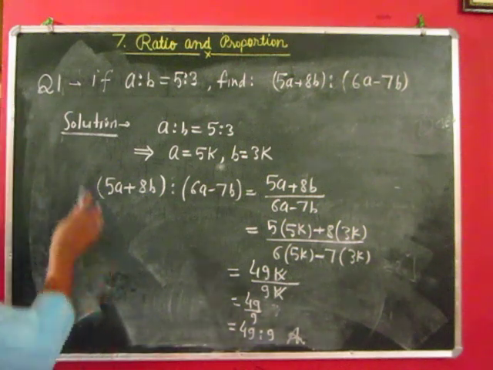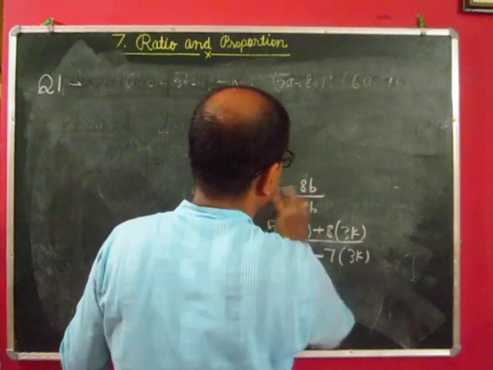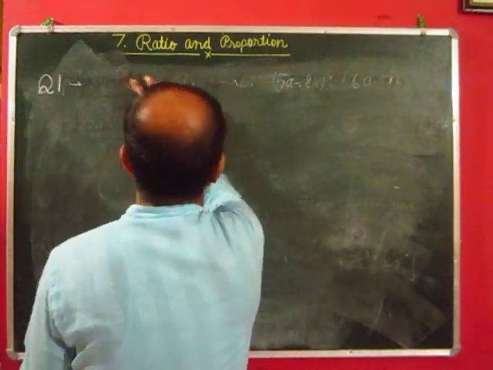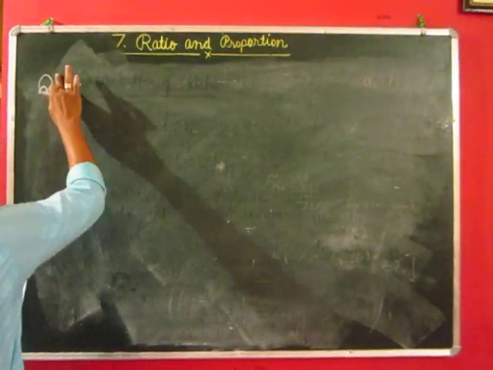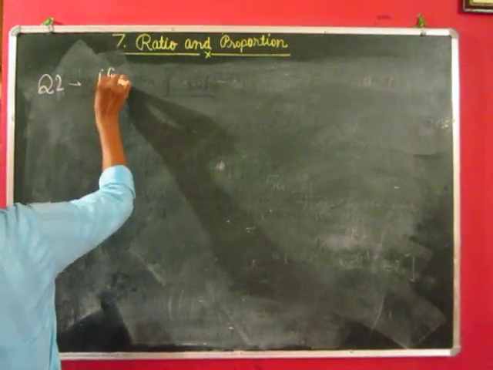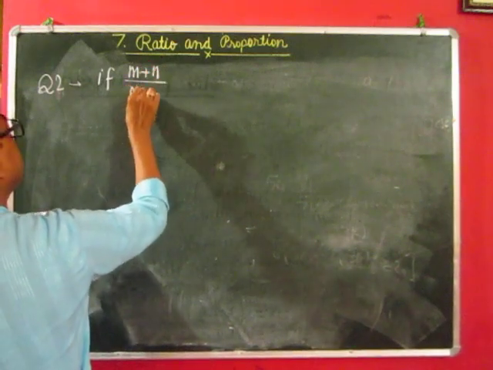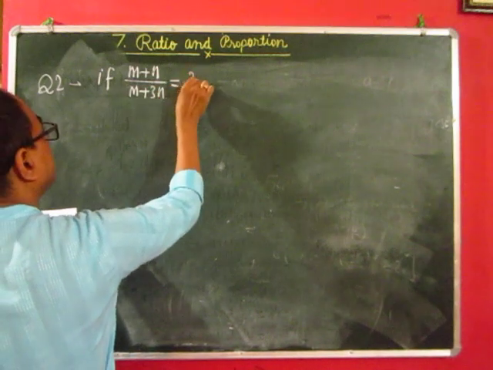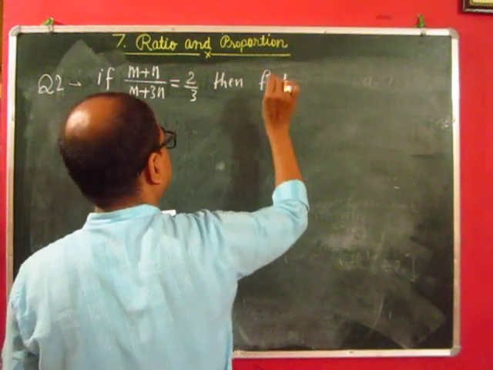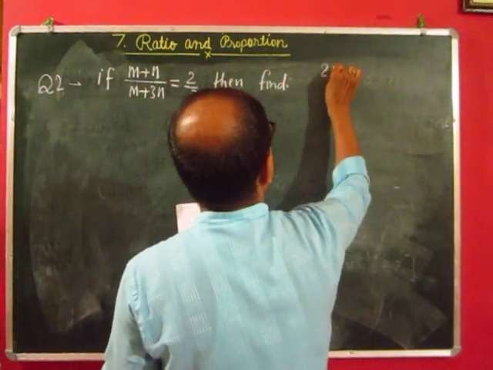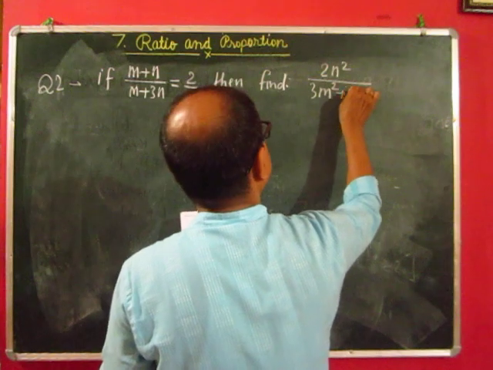Now let us solve one more question. If m plus n by m plus 3n is equal to 2 by 3, then find 2n square divided by 3m square plus m into n.